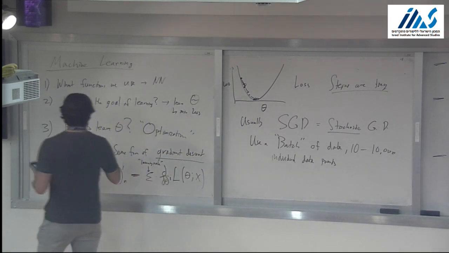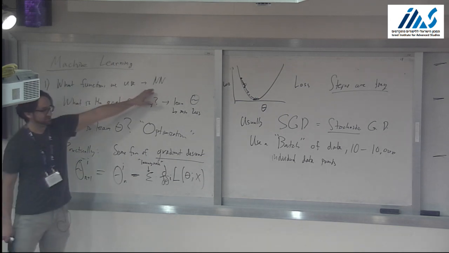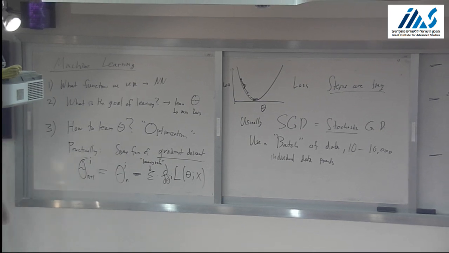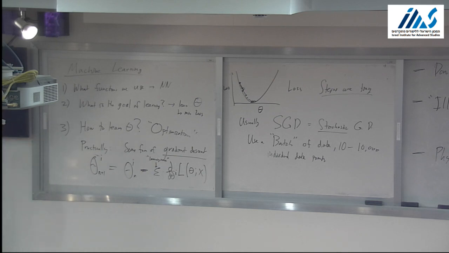Let me just emphasize, really all you need to know is this sort of organization of thinking, that the three things you need to determine before you get started are: what is the class of functions you're going to use to represent the goal? We're studying neural networks, which are just made of linear algebra plus the simple nonlinearity.